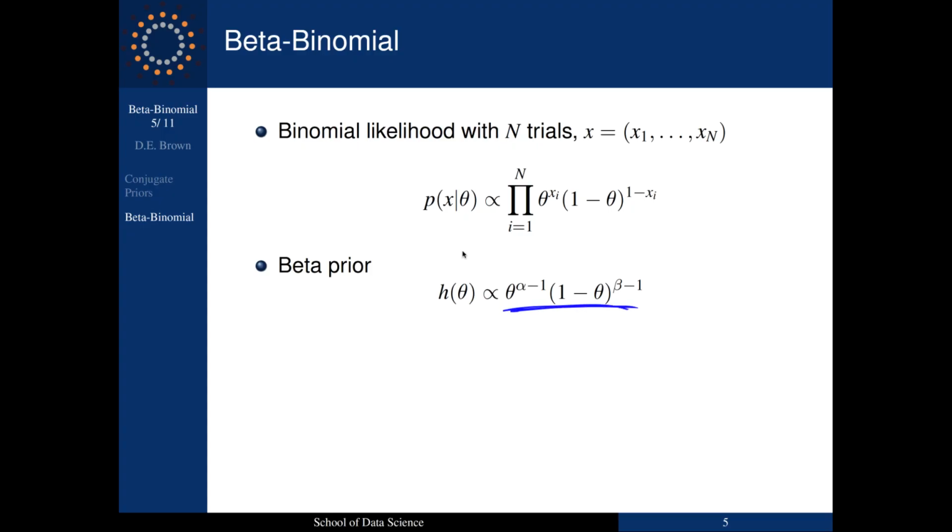Again, we're just showing the kernel part of that density. We're leaving out the beta function in front that normalizes it, and focusing on the part that really matters to us, which is the kernel of that density function: theta to the alpha minus 1, where the first parameter in the beta is alpha, and 1 minus theta to the beta minus 1, where the second parameter is beta.